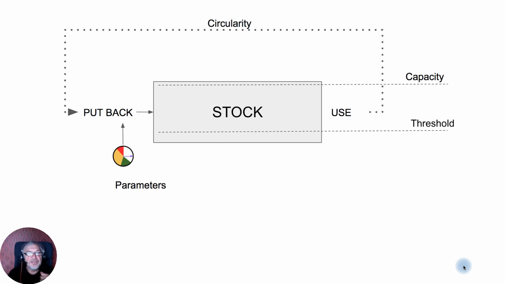So then we can add this idea that we have parameters that we put onto our flows. That's to say there'll be maybe speeds, volumes, and of course rates of use. So if you take things out faster than you put them back, then the stock will go down to its threshold.